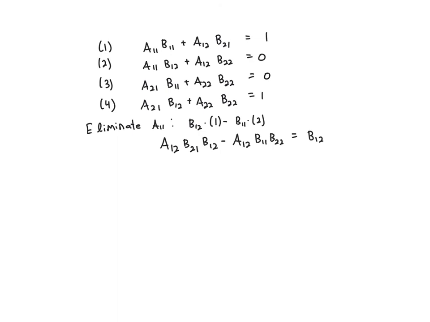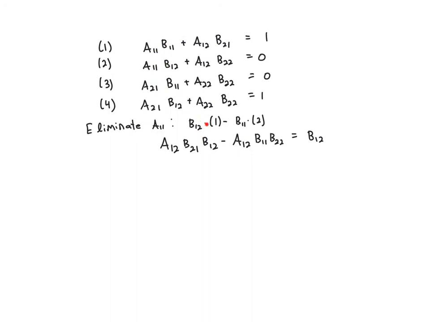So in this case, my suggested approach is to systematically eliminate each one of the unknown variables. So first, let's eliminate A11. It appears in just these two equations. How could we eliminate it? Well, it appears with the B11 here and a B12 in the second equation. So if we multiply the first equation by B12 and subtract off B11 times the second equation, we will successfully cancel them out.